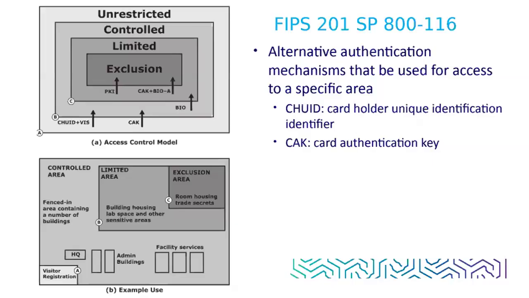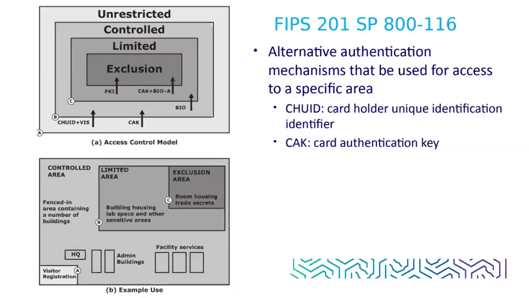So FIPS 201 and NIST SP 800 describe the alternative methods of authenticating the users before they grant access to a secure physical location. They both support secure physical access by defining the alternative authentication mechanisms for restricted areas.